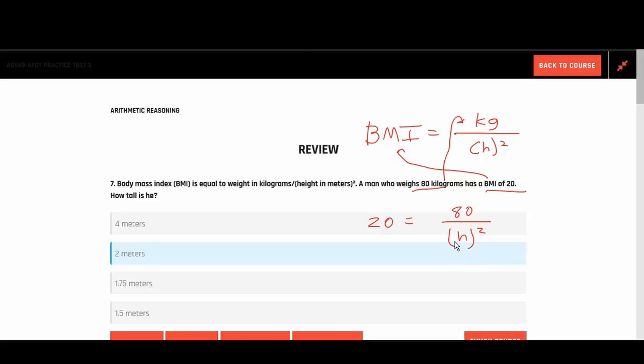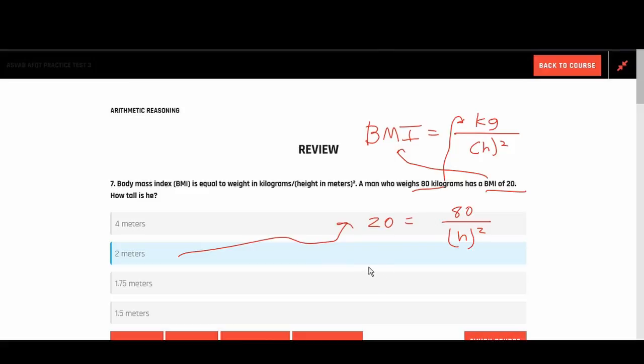Now, at this point, you can solve this problem just by inspection of this equation. Because if you think about it, what 80 divided by what squared will get you 20? 80 divided by 2 squared would be this. And I'm just going to plug these in for the h in this equation and see which one works.